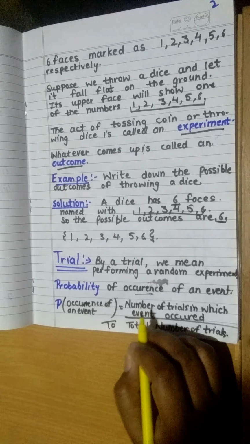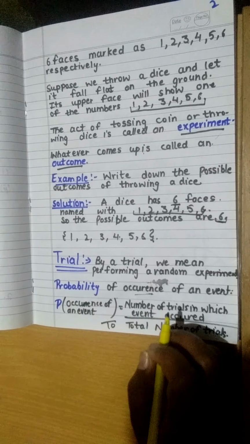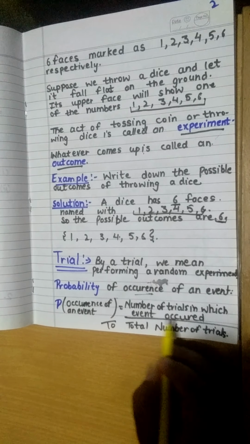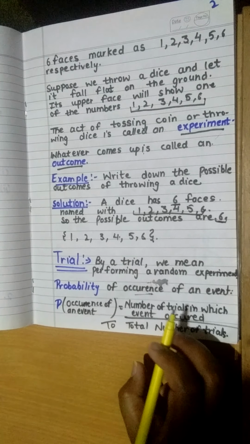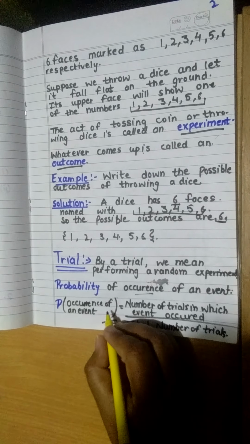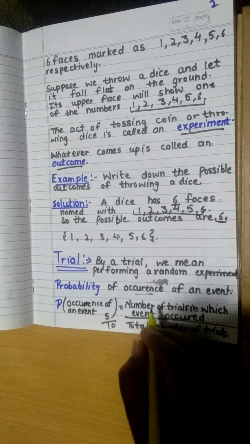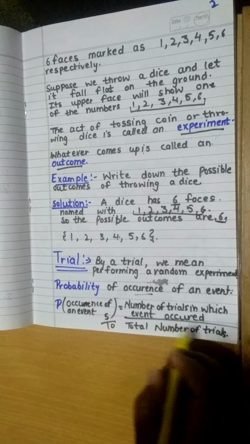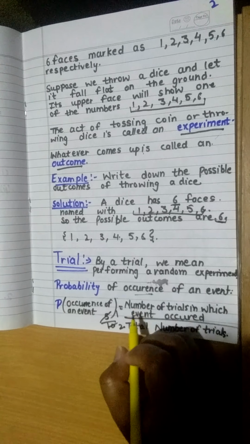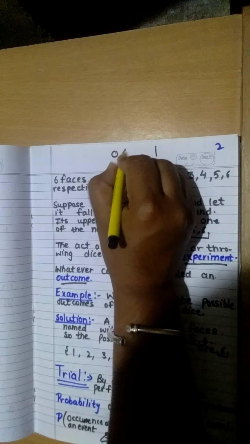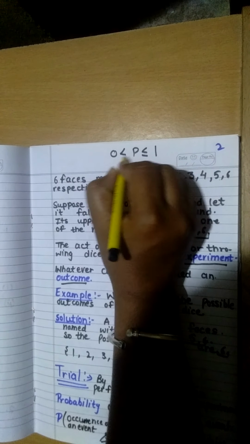How many times 1 comes on the upper face, that is the number of trials in which the event occurred. Suppose 1 occurs 5 times, so the probability is 5 upon 10. Remember, probability lies between 0 and 1.